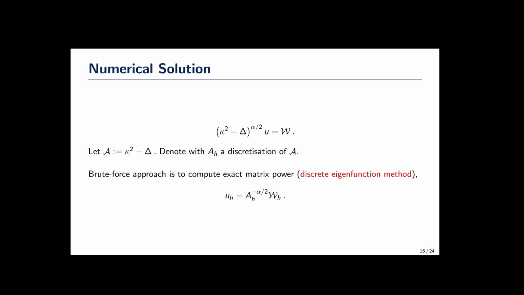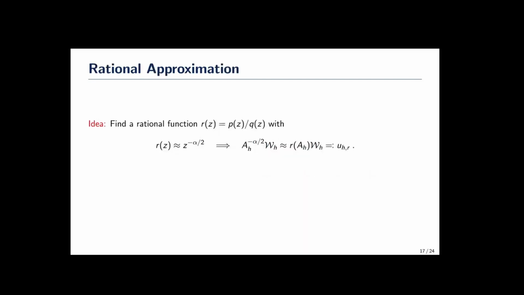But in practice, this is going to be way too expensive, so we cannot really do that. Which is why we are looking for a different approach. In our case, that is rational approximation. In rational approximation, you approximate the function that you're actually looking for, in this case, in a scalar sense, z to the minus alpha over 2, by using a rational function.